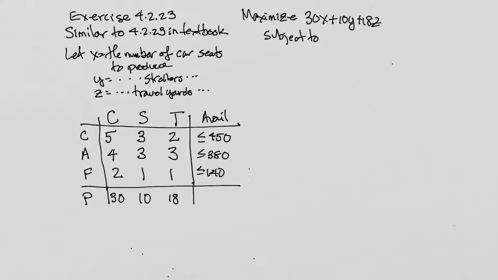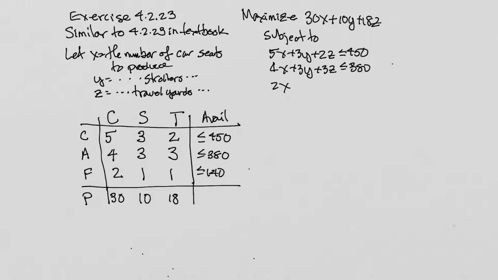So our objective is to do this. We want to maximize 30x plus 10y plus 18z subject to these constraints. From the very first line here, we're going to have 5x plus 3y plus 2z less than or equal to 450. And then we'll have 4x plus 3y plus 3z less than or equal to the 380.